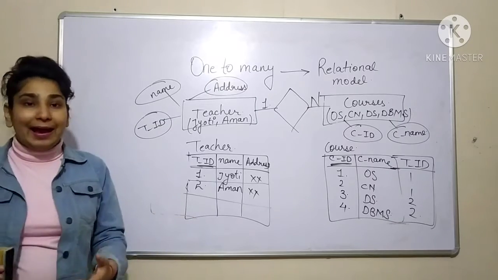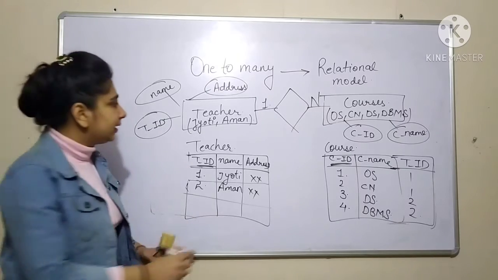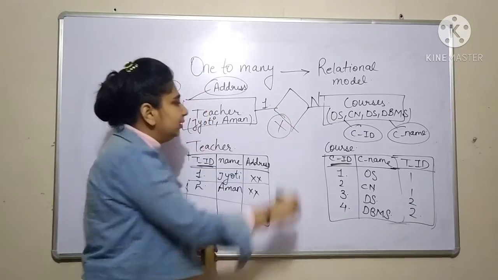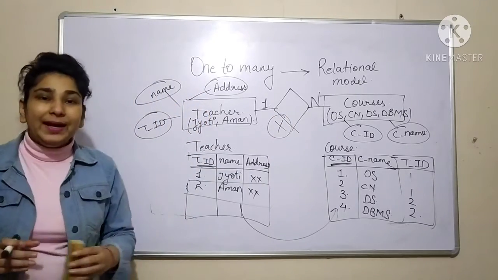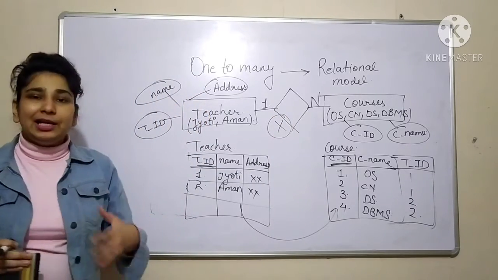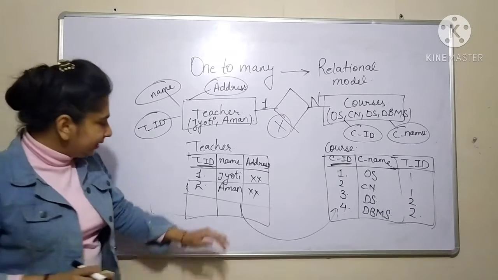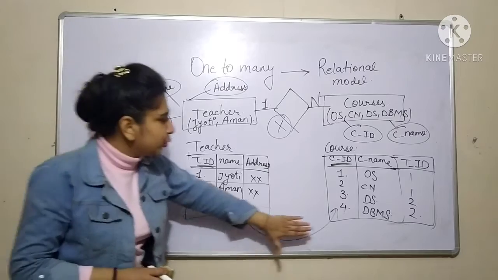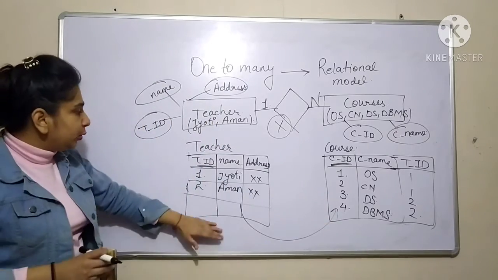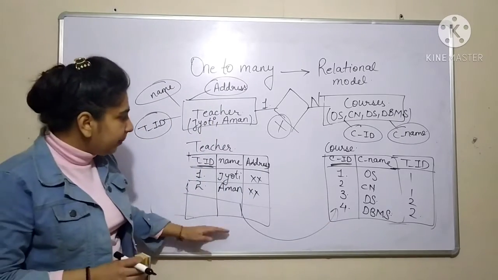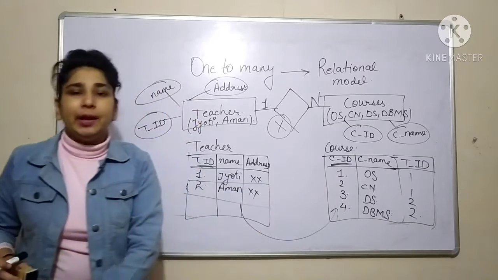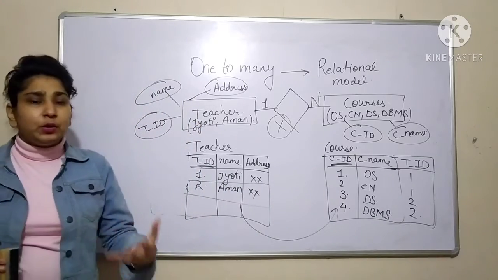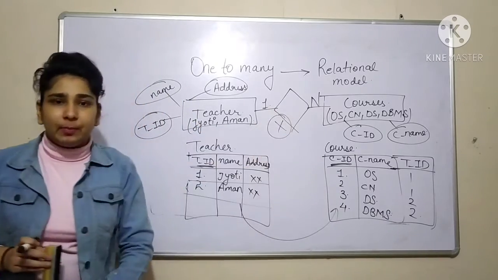If you look, we didn't make a separate table for the relationship. We are just managing the relationship with only these two tables. Only these two tables are enough to establish the relationship between them. We don't need the extra separate table.